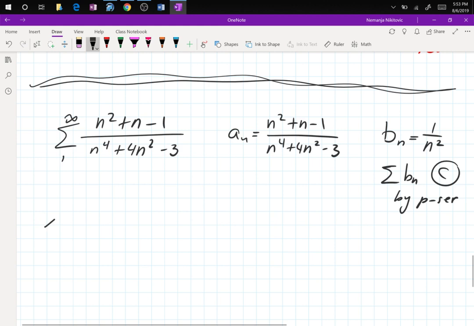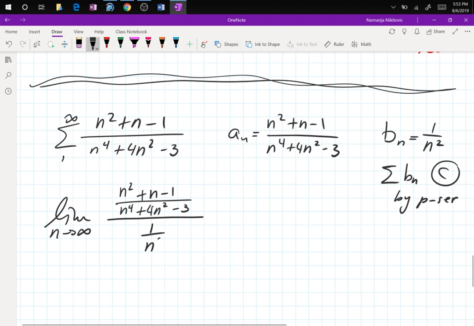So now we do the limit. N goes to infinity, you have an divided by bn. So an is n squared plus n minus 1 divided by n to the fourth plus 4n squared minus 3, everything divided by 1 over n squared.